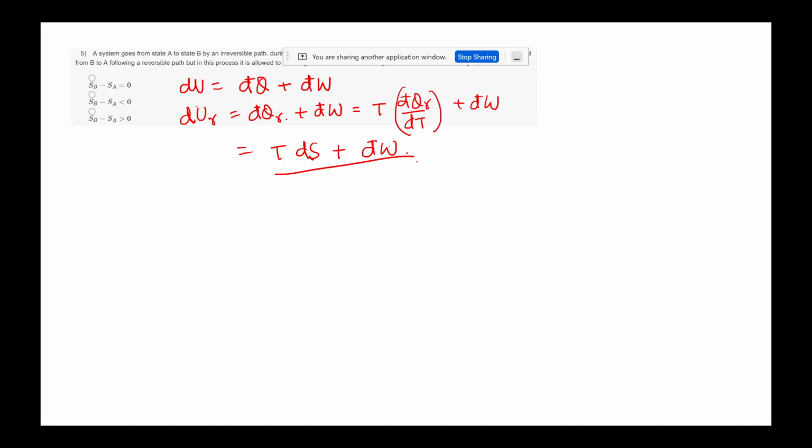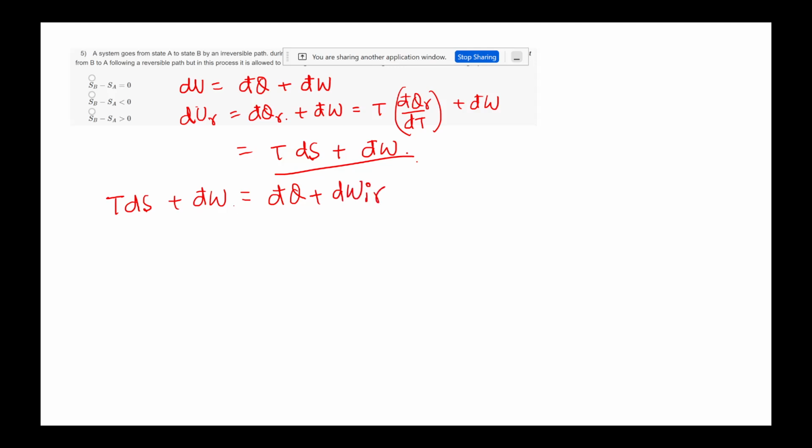Now, the change in internal energy will be the same, because internal energy is a state function. So we can write TdS plus dW is equal to dQ plus dW.